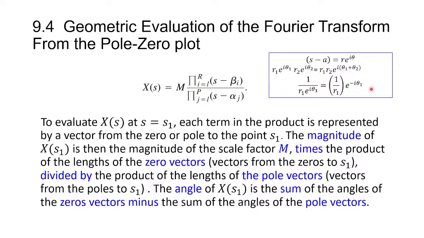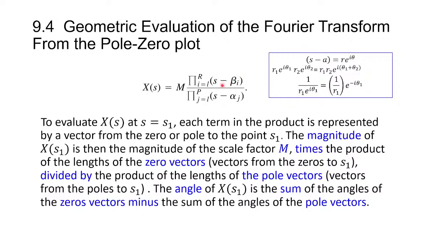And also the division is easy, because when you divide by a complex number, the magnitude is going to get inverted. So it's going to go from R1 to 1 over R1, and the angle is going to get a negative sign.